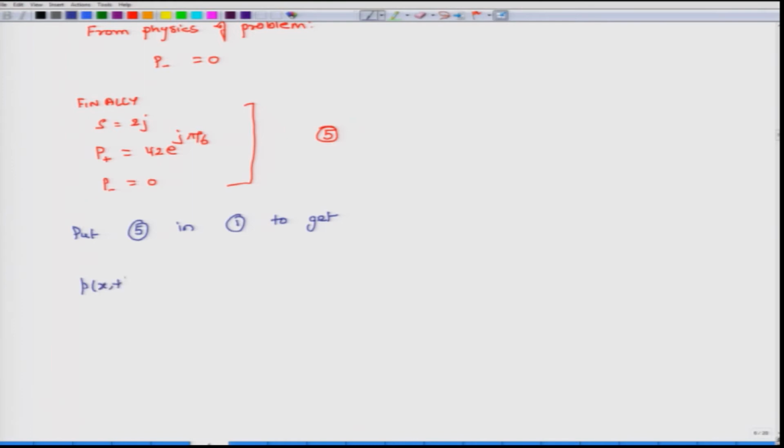So, we get p of x, t equals real of p plus. So, p plus is 42 e to the power of j times pi over 6 times e to the power of minus s x over c, and s is 2j. So, I get minus 2j x over c, and then there is a p minus term which is 0. So, all that goes away, and then I have to multiply by e to the power of st. So, again it is 2j t.